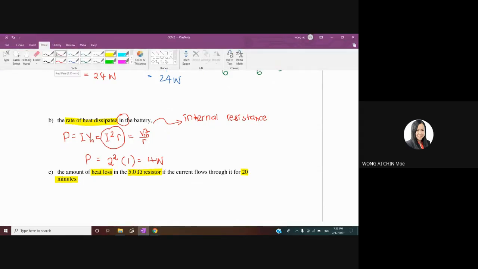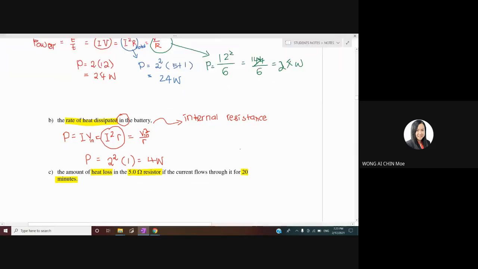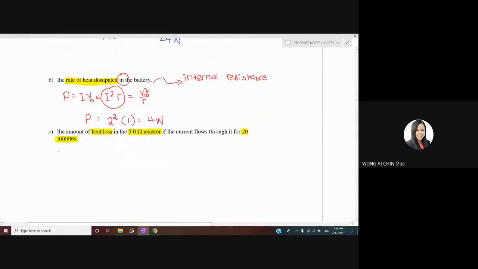For this case, you take P total, or P supply, equals P internal plus P external.